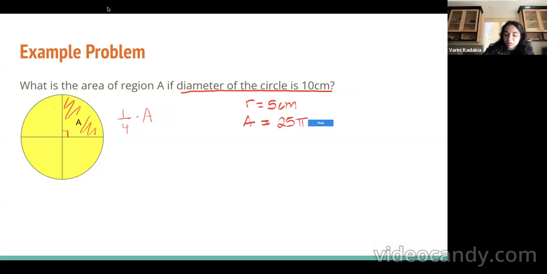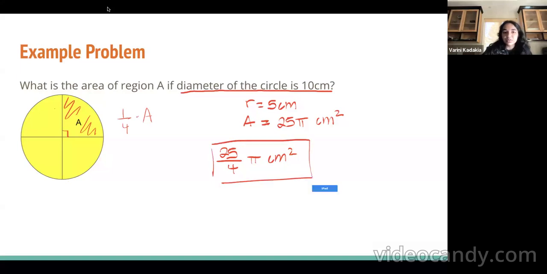Don't forget the pi. Centimeters squared. Okay. So now let's find 1/4 of that. What is 1/4 of 25? 25 divided by 4, right? 25 divided by 4 pi centimeters squared should be our answer. You don't have to simplify this.